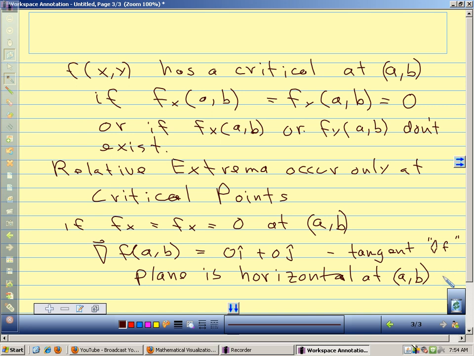So let's look at a couple of examples of finding extrema. Hopefully this is a little less definitions and concepts and a little more actually calculating things. Any questions before we go on? All right.